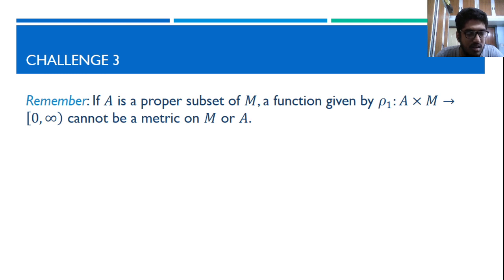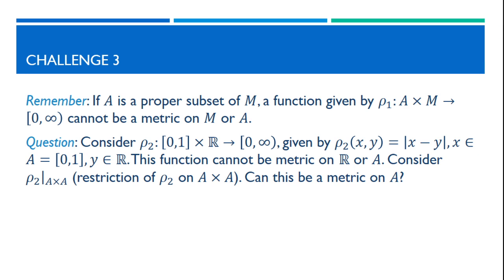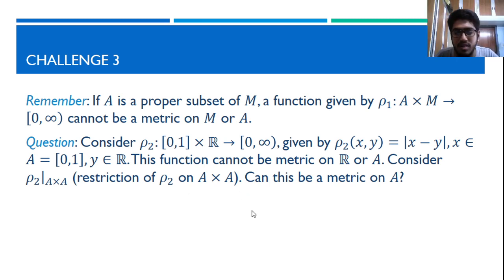I told you that if A is a proper subset of M, a function given by rho 1 from A cross M to infinity cannot be a metric on M. I'm sorry, I'm going to skip this particular challenge because we already approximately discussed this question, and I'm using words like restriction, which I didn't define before and may not be familiar for everyone.